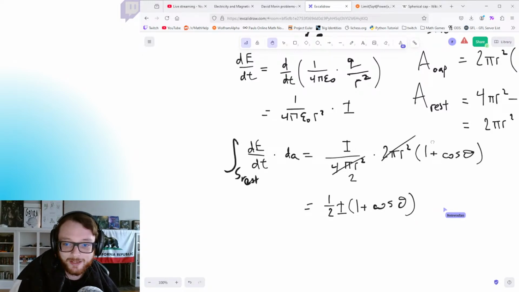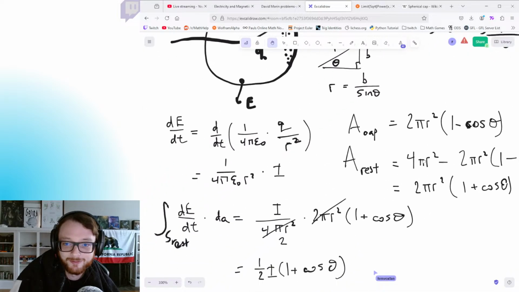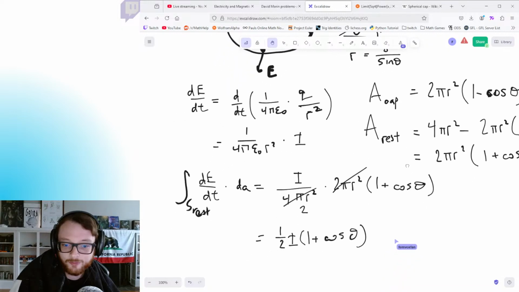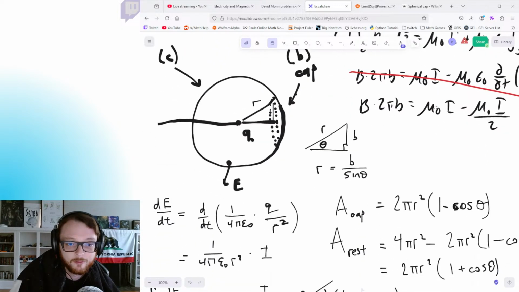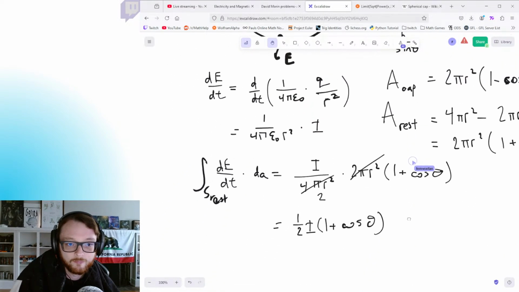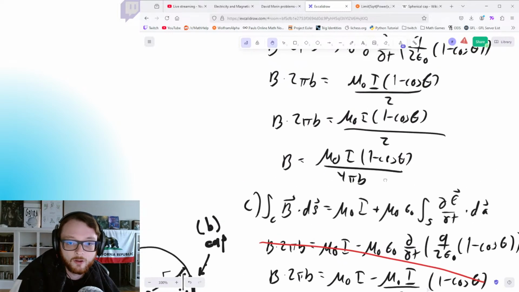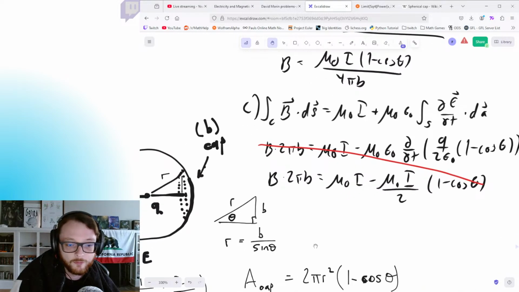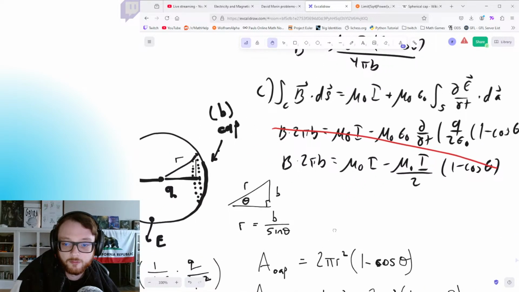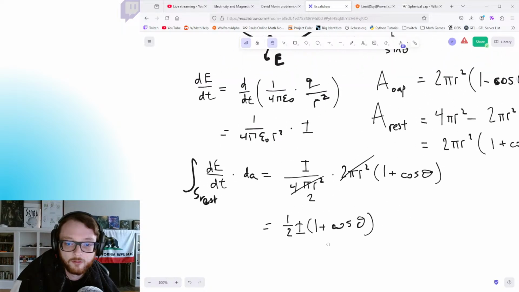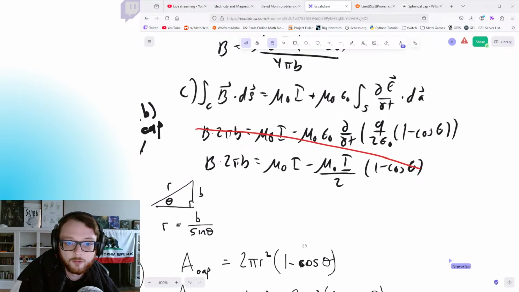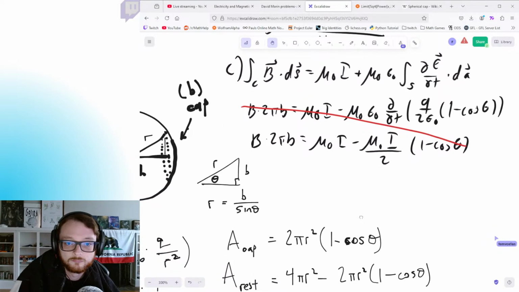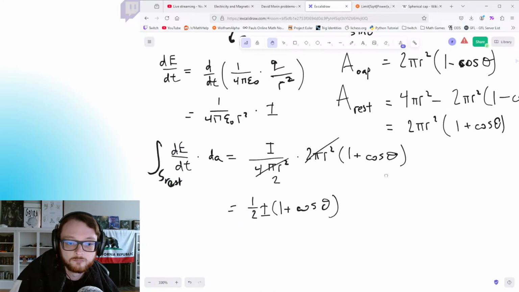This is like the same issue that I was running into with my version of the work. Now is that going to work? Maybe we'd have to plug that back in. Because this is the term on the right, or the second term on the right. Yeah, so we got mu naught I plus mu naught epsilon naught times this thing I just came up with.